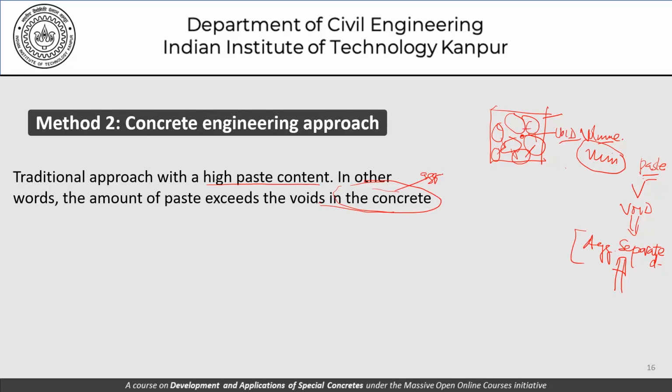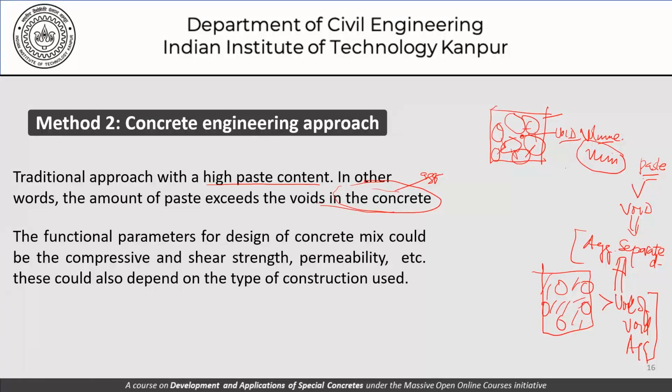So to me, concrete has aggregates which are suspended in mortar. That is, they are separated from each other, and therefore this volume of paste that I have is obviously greater than the volume of voids in the aggregate system. This is something which we have explained and discussed several times, and it comes up again as we discuss the concrete engineering approach to proportioning of roller compacted concretes.